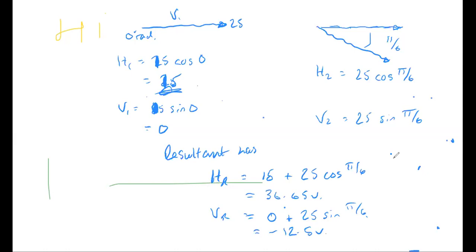So what we're saying here is this resultant phasor R has a vertical component and a horizontal component, like so, of 36.65 that way and 12.5 that way, negative.